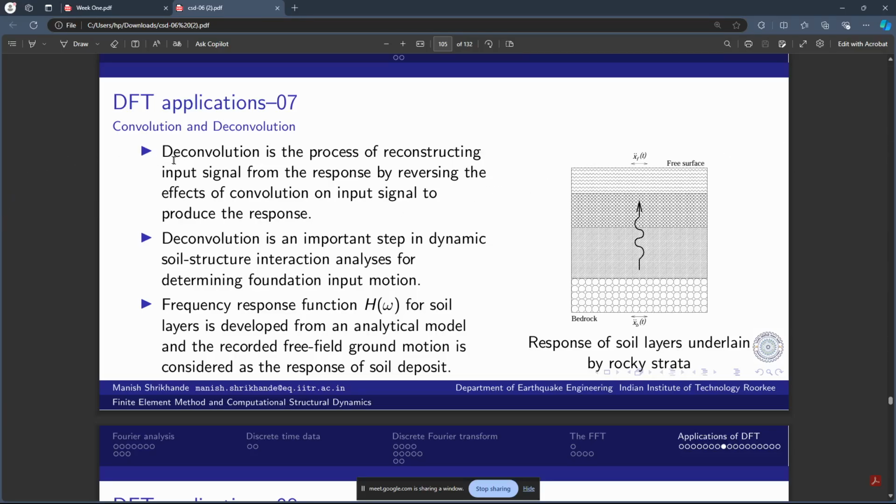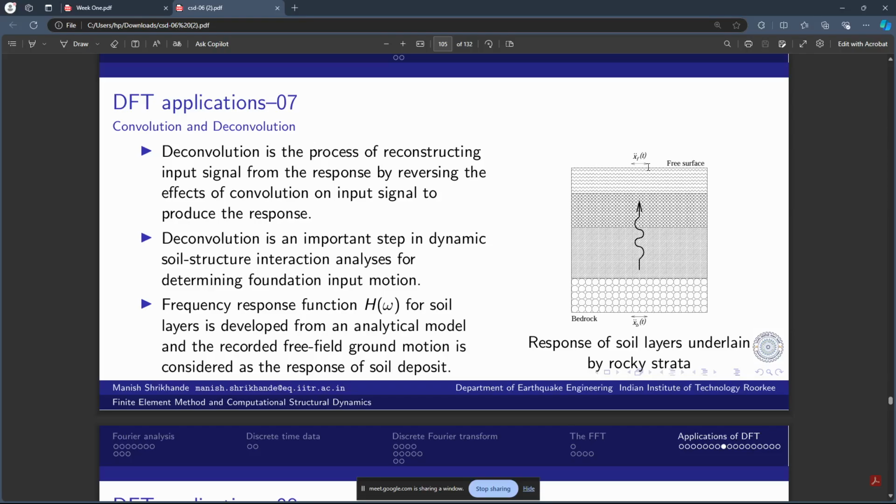Deconvolution is the process of reconstructing the input signal from the response by reversing the effects of convolution on the input signal to produce the response. So that is the process where we are reconstructing the signal. Whatever signal we are getting at this free surface, we are basically going to reconstruct it.